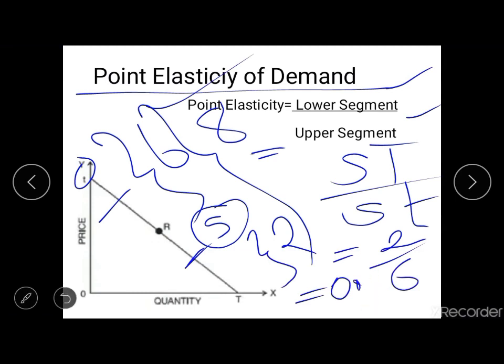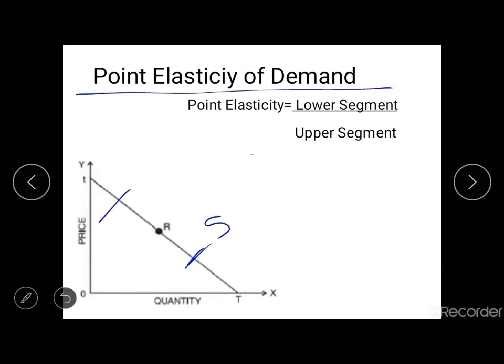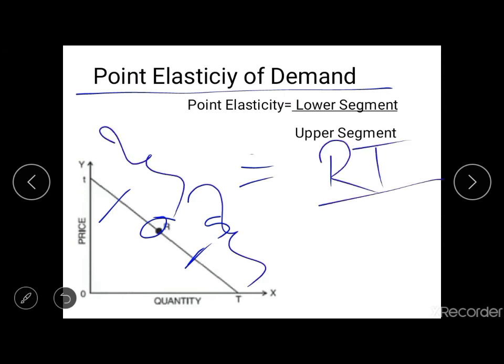Now again, let's say that you want to calculate the point elasticity at the midpoint R. At midpoint R, your lower segment would be equal to your upper segment, RT divided by RT. Since both segments are equal, you will get a point elasticity of 1.